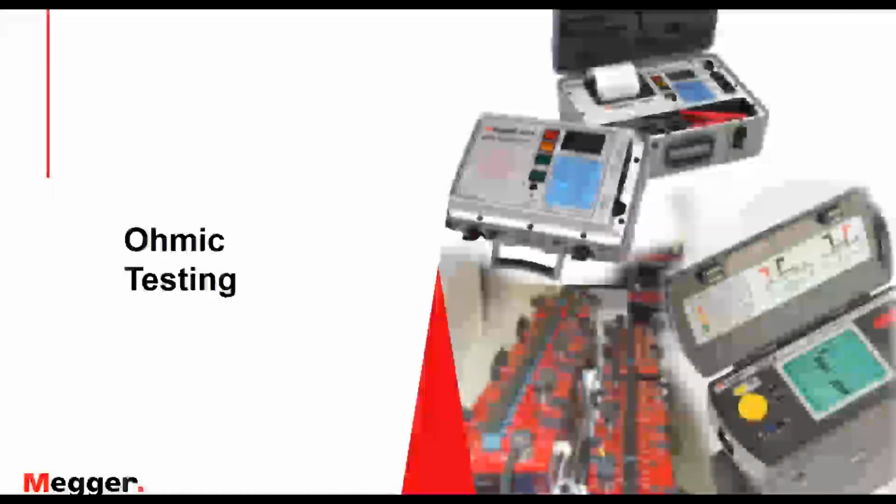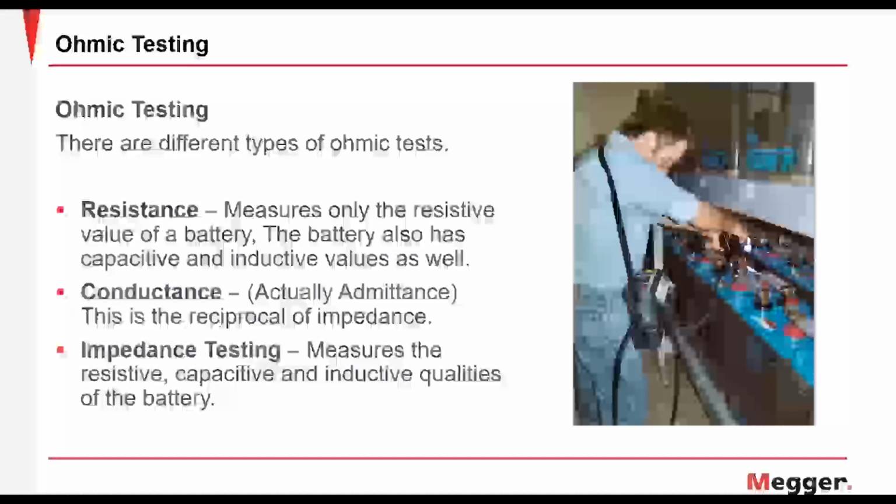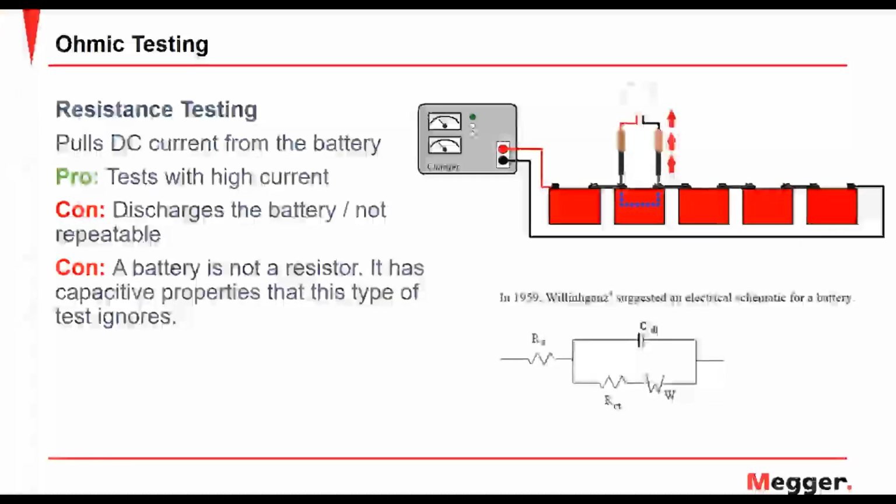For ohmic testing, I'm going to talk a little bit in detail now. There are three types of ohmic testing of battery cells: resistance, conductance, and impedance testing. The resistance test is basically not wanted. Why?